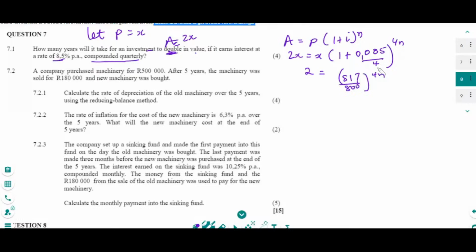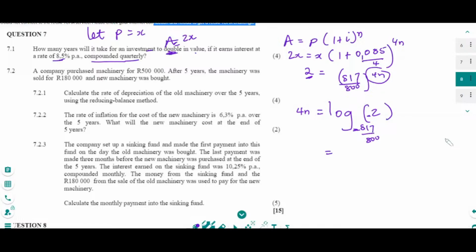So for as long as I'm looking for n, which is an exponent, I'm going to use my logs. You press the log button on your calculator, which has a base to fill in. So this 4n will be on my left-hand side, and this is my base: 817 over 800, and I'll put the 2 here. If I simplify that, and get rid of this 4 as well, simplifying gives me 32 comma something.